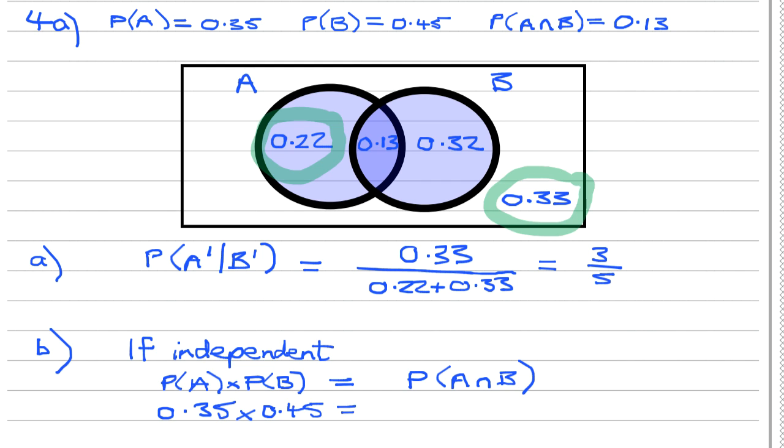And when we do that on our calculator, we get 0.1575. Now, if we look here, the probability of A intersection B is 0.13. That is different to the probability of A times the probability of B. So as these numbers are different, that's why they are not independent.